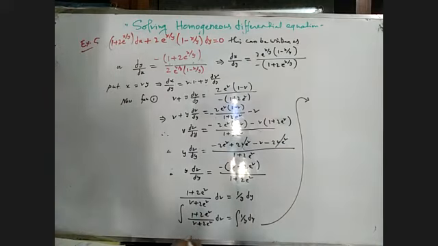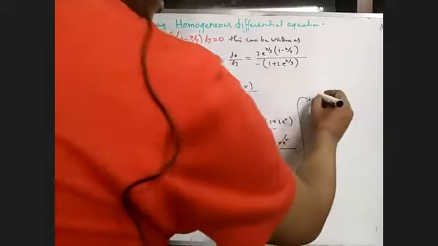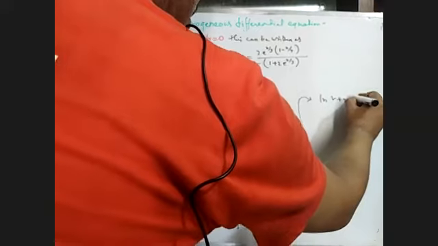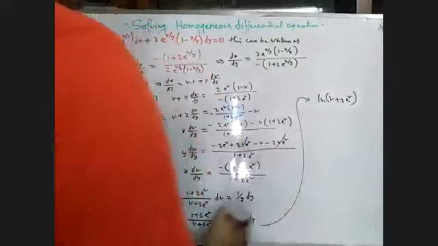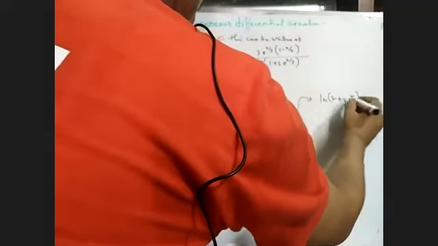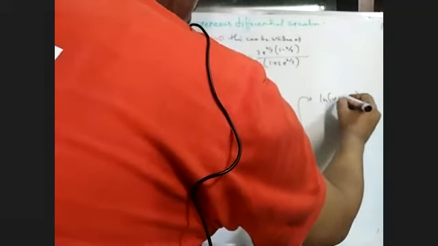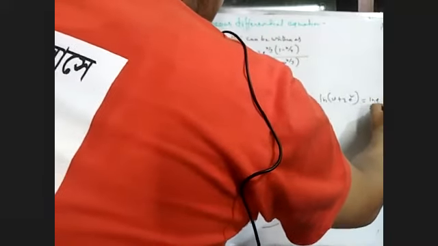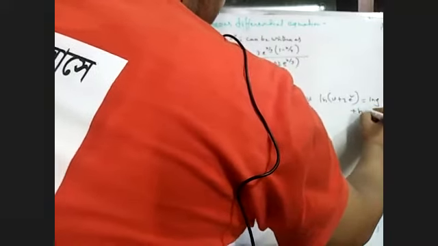So what can be written, ln of denominator, ln(b + 2e^b) equals to ln y plus ln c.